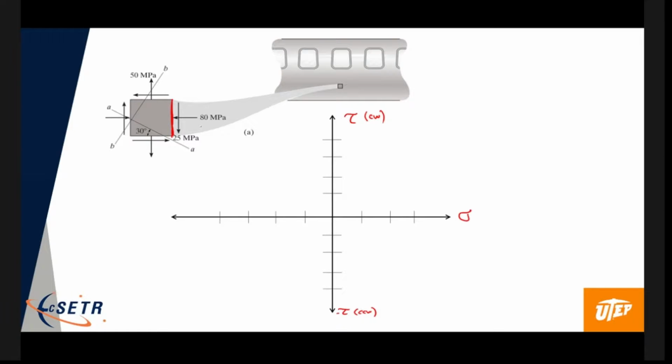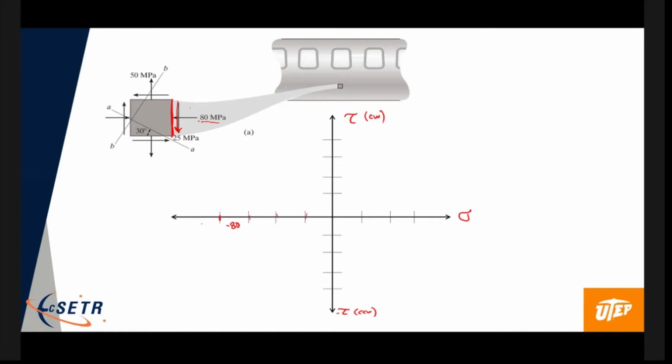All right. So this first face, the normal stress is compressive. So it's -80. I think each one of these ticks, let's make each tick 20. So this is 20, minus 20, minus 40, minus 60. This is -80 right there. That's the X component. And then here we have the Y component, the shear value. It's 25.